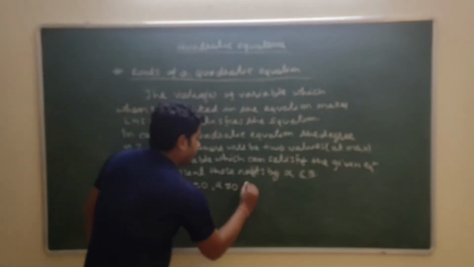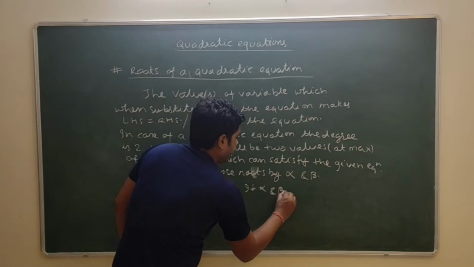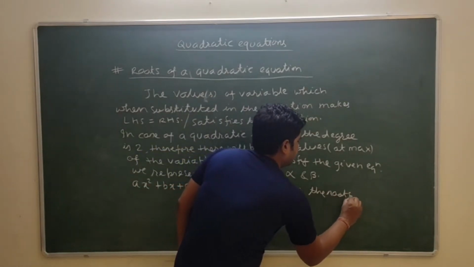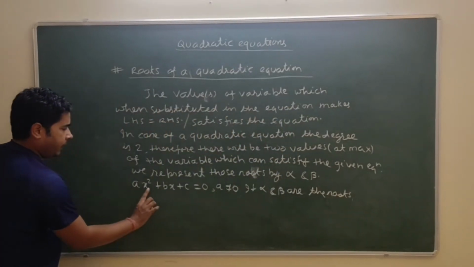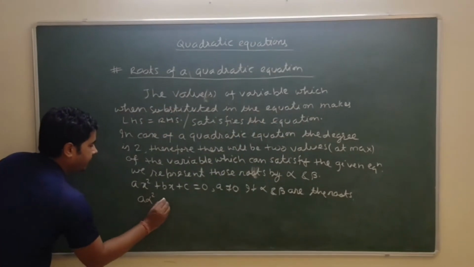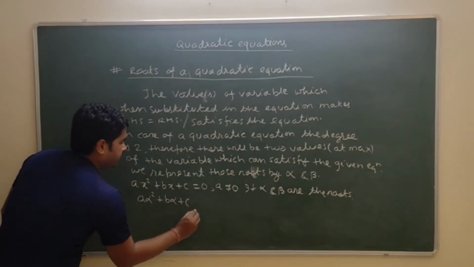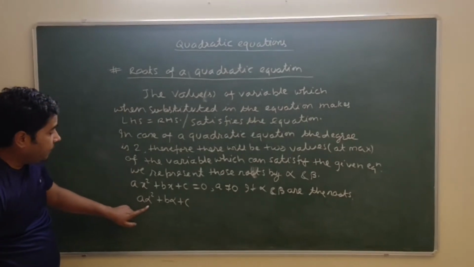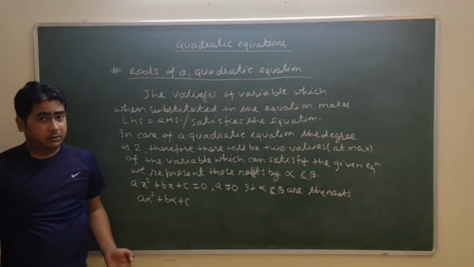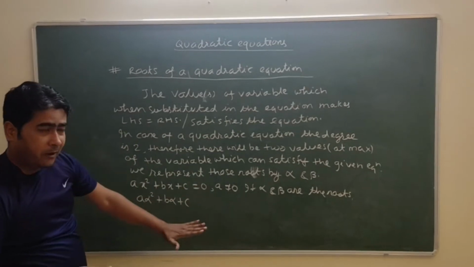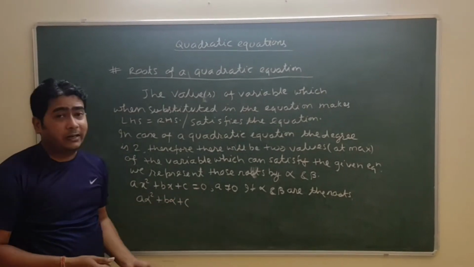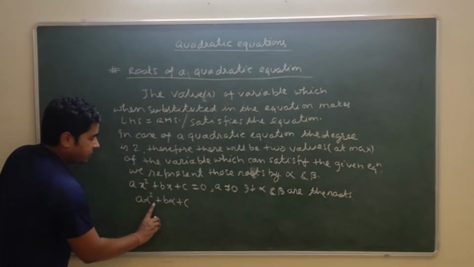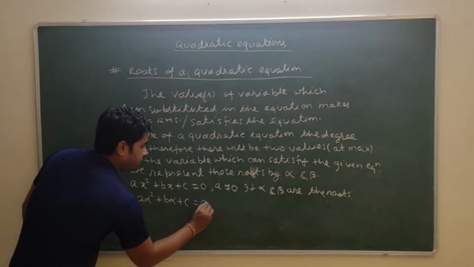If alpha and beta are the roots, then what will happen? If you put x equal to alpha, it will be a alpha square plus b alpha plus c. This is the value of this particular equation. Since alpha is the root, means it will satisfy the equation. Satisfy the equation means at alpha, this left hand side will be equal to right hand side. Right hand side we are having 0. Okay, means this alpha will satisfy the equation. So this ax square plus bx plus c will be equal to 0.